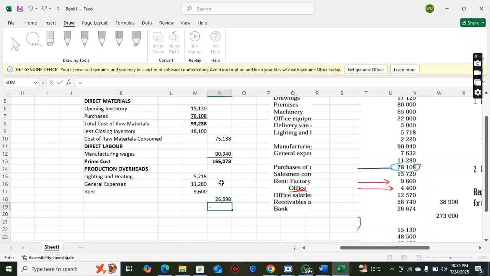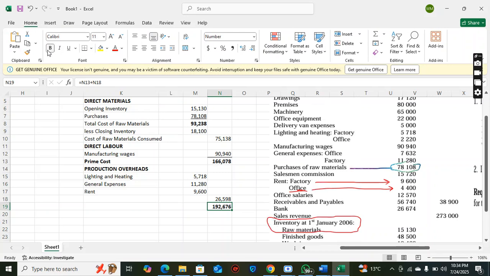So we're going to get the total prime cost plus overheads. We get 192,676, the unadjusted cost of goods manufactured. Okay, colleagues, this is the unadjusted cost of goods manufactured.